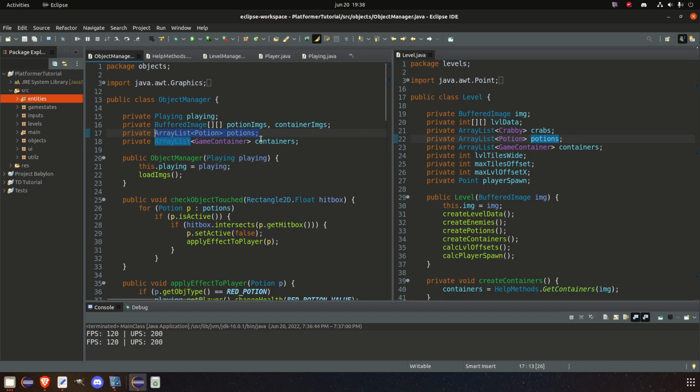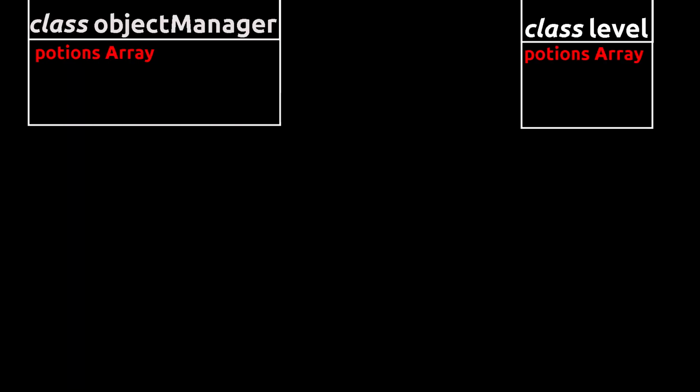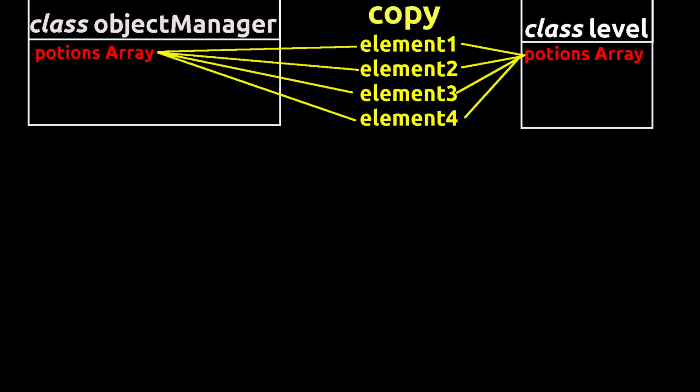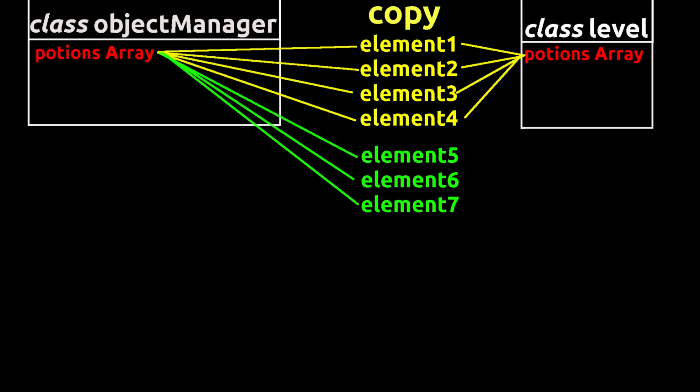So there's a few ways we can do this. And we will solve this by copying the arrays in the level to the object manager. We will still have the first elements of the arrays in the object manager be the same as the ones in the level arrays. But when we do add elements to our arrays in our object manager, those elements do not get added to the array list in our level arrays.